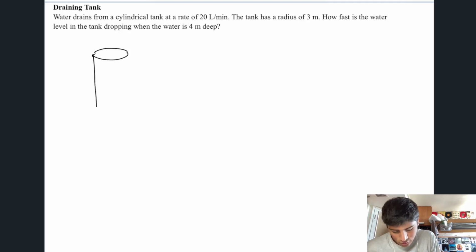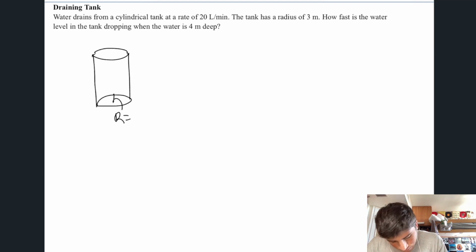Let's go ahead and draw that out. The tank has a radius of 3, so r equals 3. We'll call this little r. And we want to find how fast the level in the tank is dropping when the water is 4 meters deep.